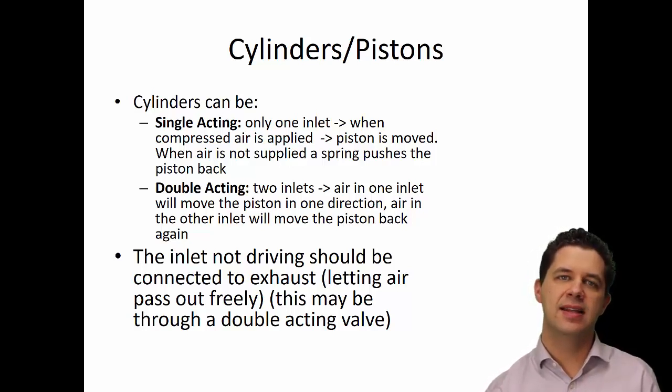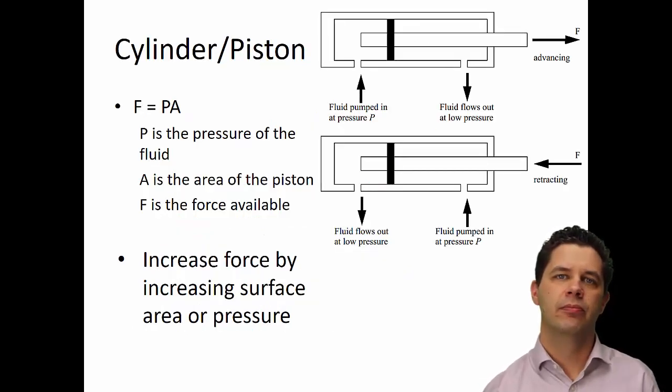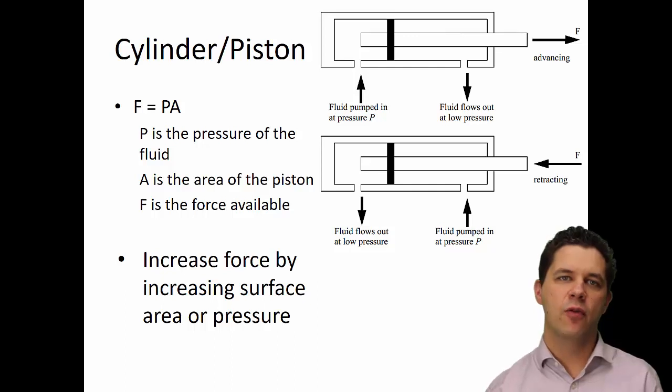Now, in the double acting case, when our inlet's not driving, it should be connected to the exhaust. This is where our air can pass out freely and vent out into the environment. So here's a diagram of how it would look. Remember, force is equal to pressure times the area of the piston.